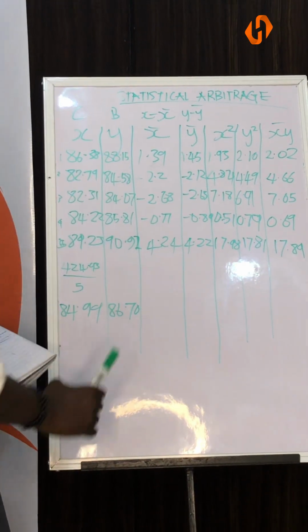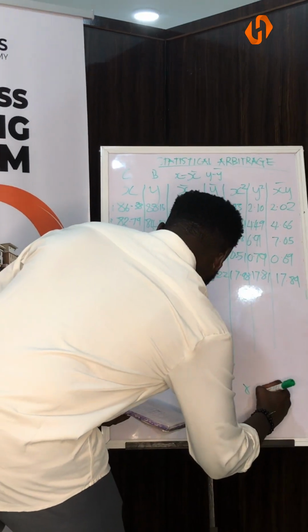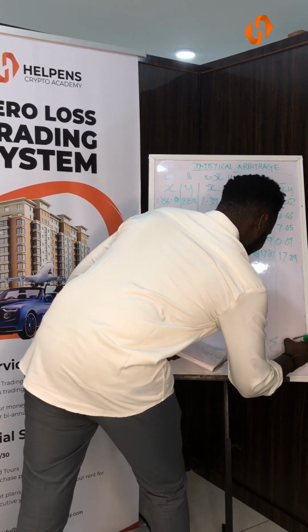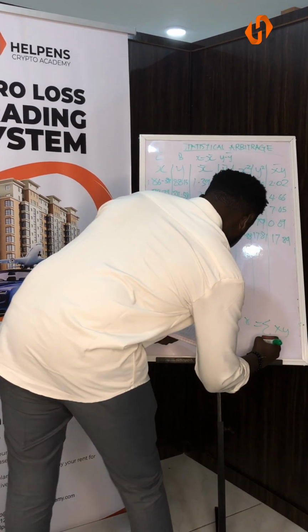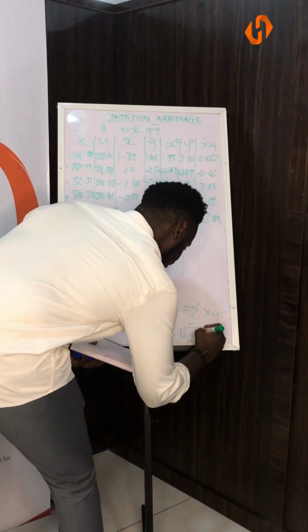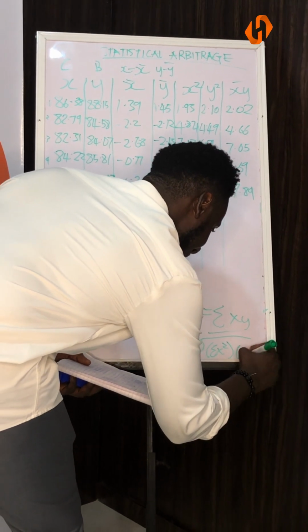Now remember our formula: r equals the summation of xy over the square root of the summation of x squared times the summation of y squared.